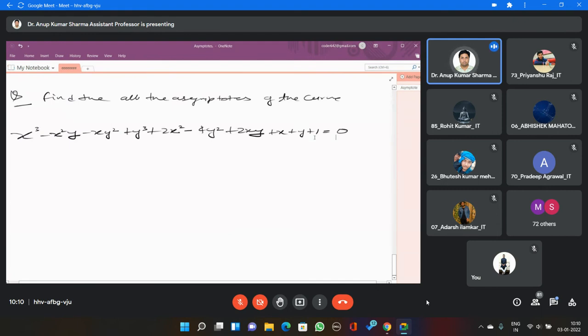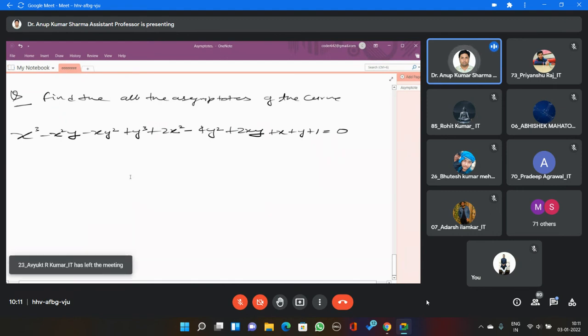Okay, you see this equation is a little bit longer polynomial. Now, what you do, it is also in that order. The x cube minus x square y minus x y square. We have to rearrange the orders first, y cube can be written, so 2x square minus 4y square, 2xy like that.